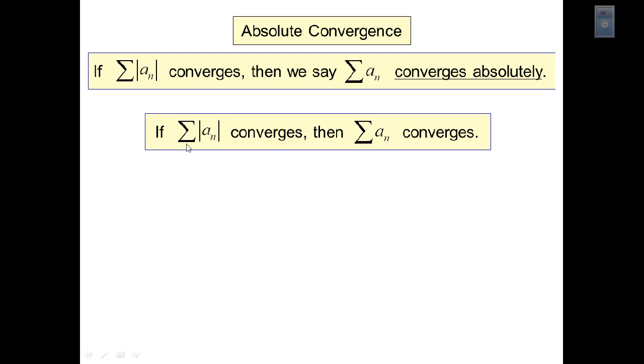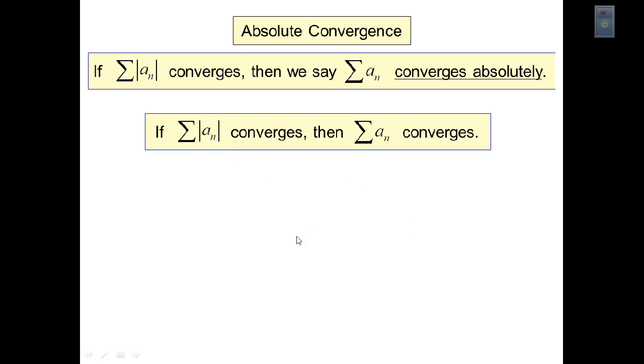Now, if the sigma notation of the absolute value of a sub n converges, then the sigma notation of a sub n converges as well. So if we can prove that this converges, then we've proven that this one converges. So that's another test right there.